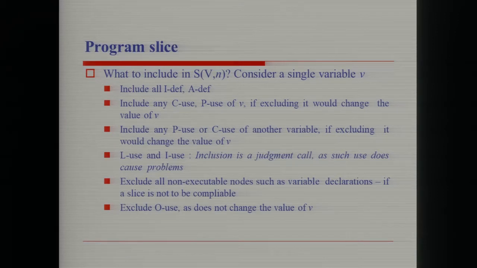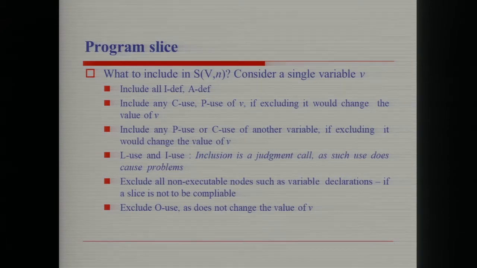Then there is the L use, location use, and the I use, iteration use. If any other variable's statements, when not included, lead to a change of the variable you are concerned with, they must be included.